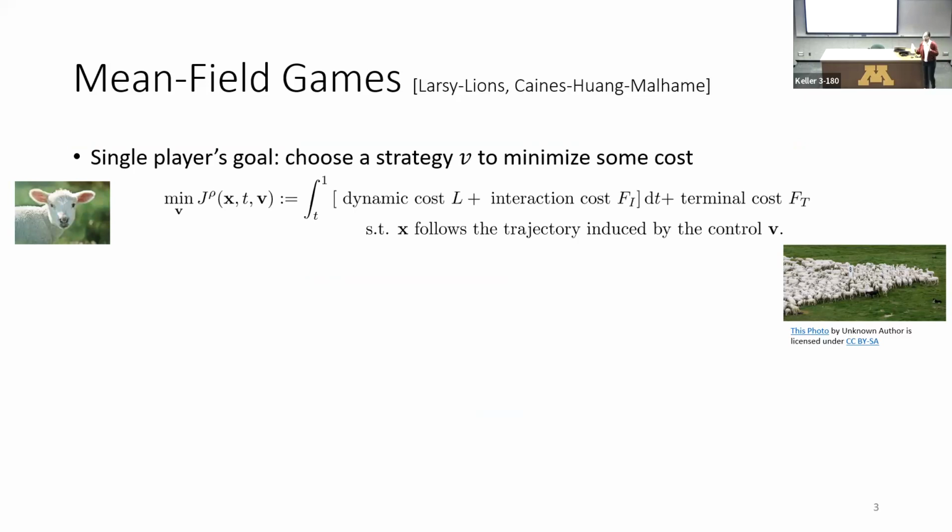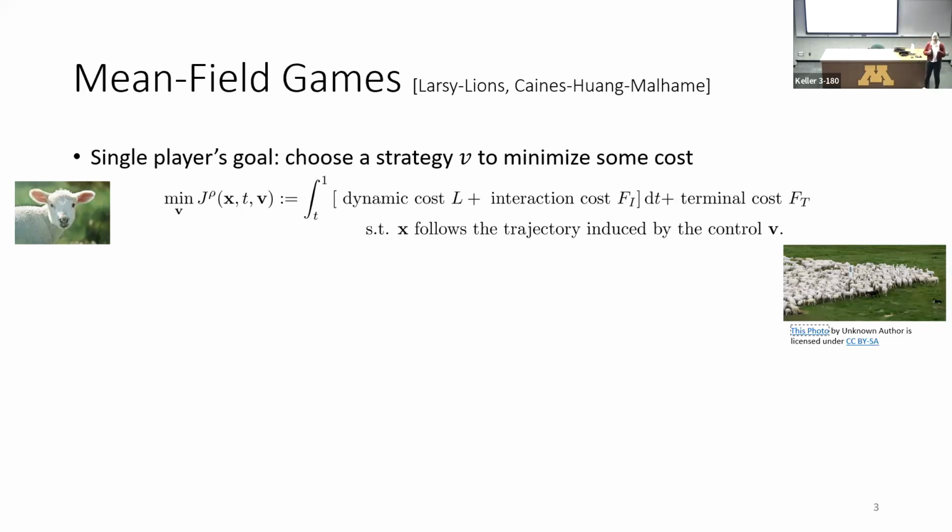So suppose now we have a game and there are infinitely many players. What's the goal of each of the players? The goal of each player is this: if at time t the player is at position x, then its goal is to find a velocity or a control to guide its following trajectory, and it wants this trajectory to minimize some cost.